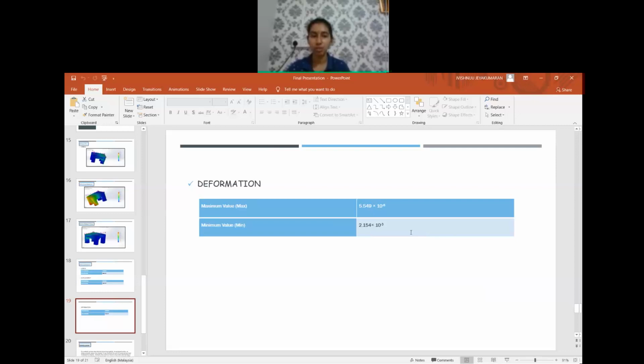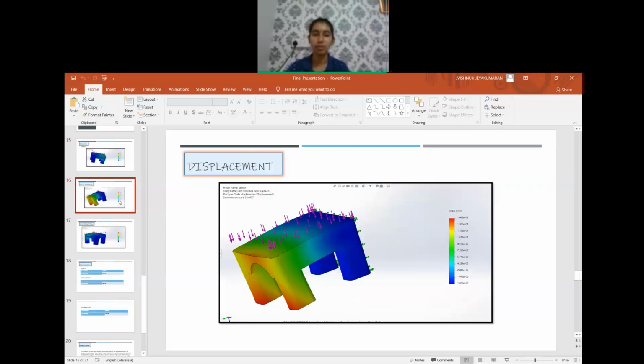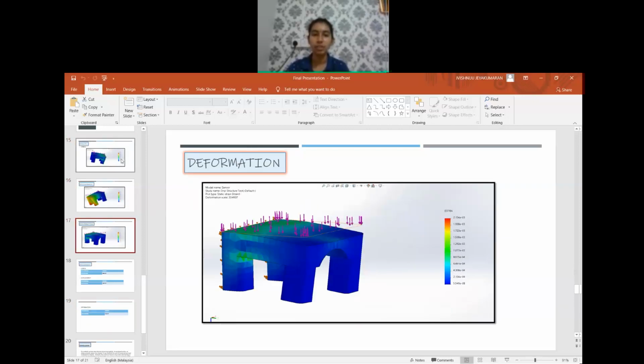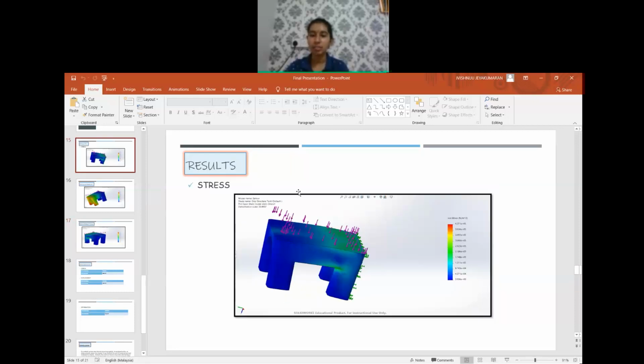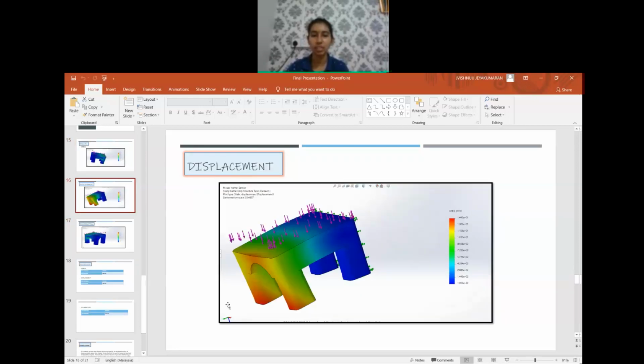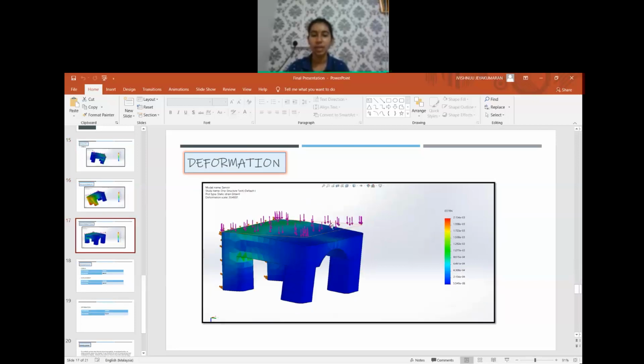For all three drawings, we have found the maximum and also the minimum values. When we look at the drawings, all are in good condition and really safe to use in all aspects. The high stress is exerted at the edges of the holder, at the edges in all three pictures.